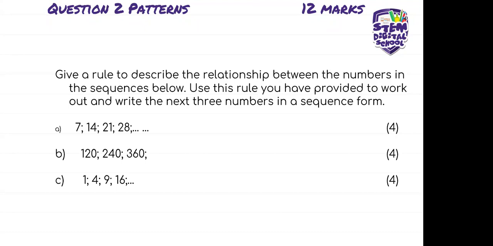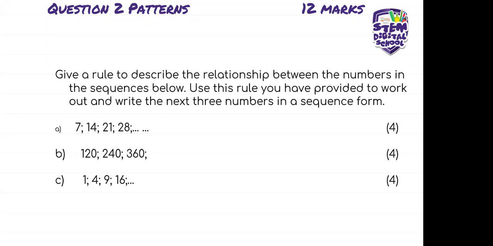Right, and then, how about B? We are there in B: 120, 240 and 360. So Natalie says plus 120, and then Lesedi also says B there, 120.